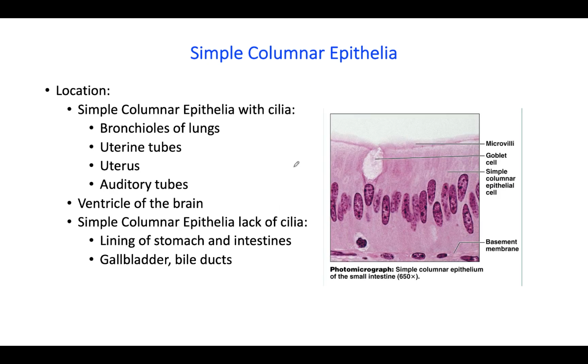So let's look at the microscopic view. Again, a single layer of tall, narrow cells. Some cells have cilia, some cells have microvilli. This microscopic view shows microvilli looking like a brush border.